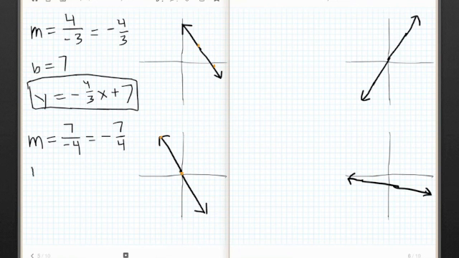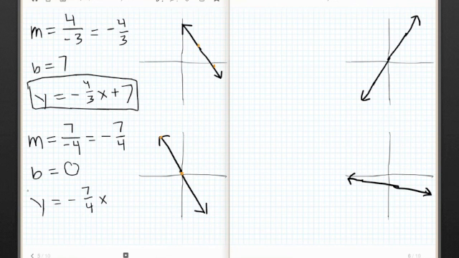Now the y-intercept. What is the y-intercept? Well, what's the y-coordinate where we cross the y-axis? At this point right here, y is 0. So the y-intercept is 0. So when we write our equation, y equals negative 7 over 4x. Are we going to bother putting in plus 0?